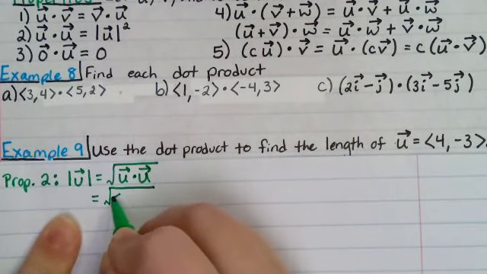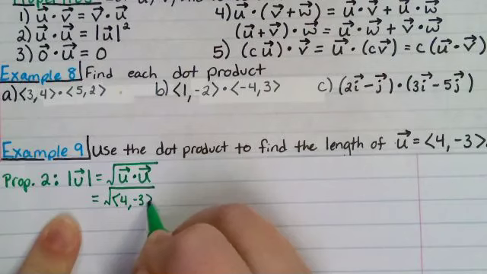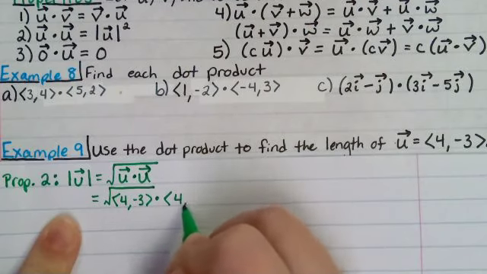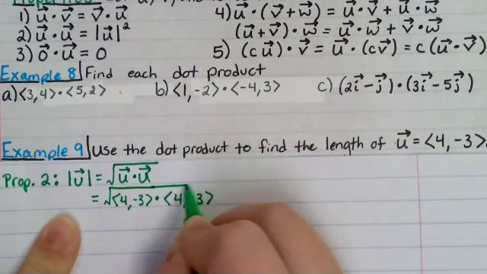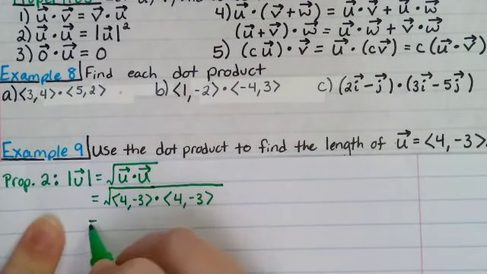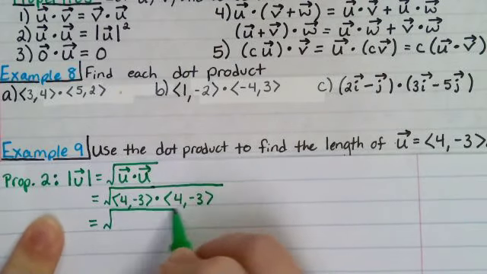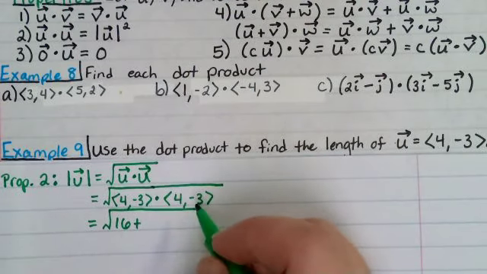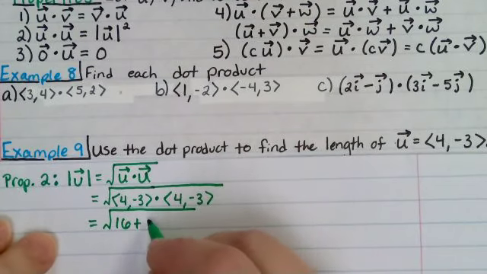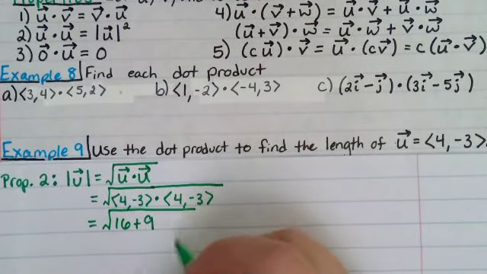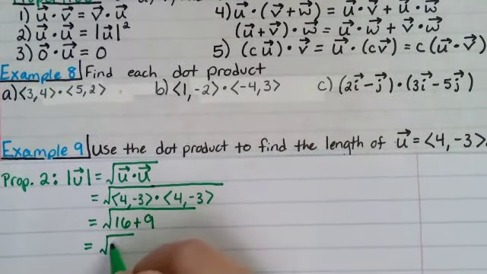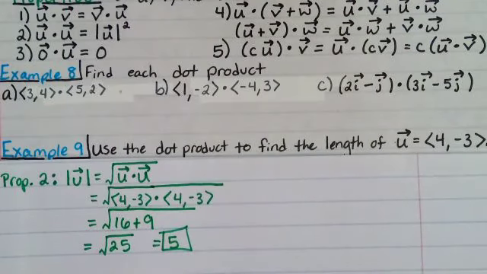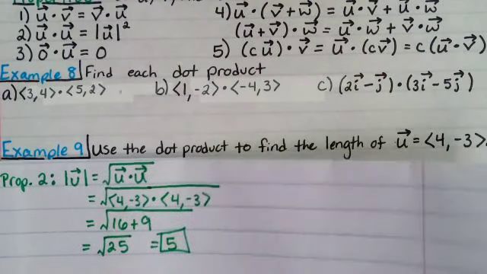So I'm going to do 4, negative 3, and then 4, negative 3. If we find the dot product of these two, we get 4 times 4 is 16, plus negative 3 times negative 3, which is 9. That's going to give me the square root of 25, which happens to be 5. That's the length of that vector.